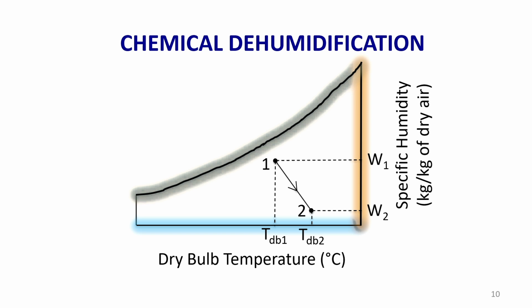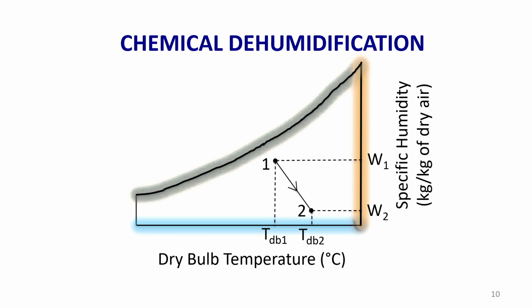So, H1 is equal to, if I extend this line, if I draw the line parallel to the wet bulb temperature line, yesterday I have told very clearly, if you want to find out the enthalpy from the point, once you know the condition of air either at the inlet or outlet, we can find out the enthalpy corresponding to that point. The line which you are drawing from that point should be parallel to the wet bulb temperature line. So, here also H1 is equal to H2.